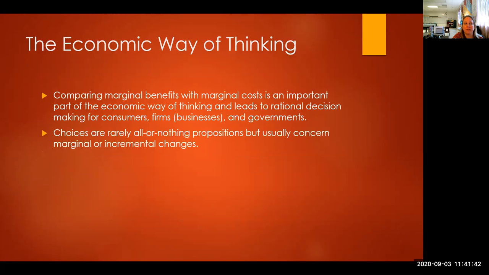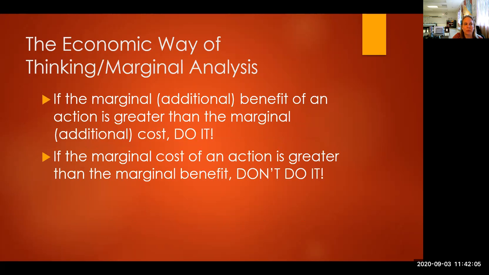So the economic way of thinking. Comparing marginal benefits with marginal costs is a very important way of thinking economically, and it leads to rational decision making for consumers, businesses, and governments. Choices really are rarely an all or nothing proposition. Usually they concern marginal or incremental changes.